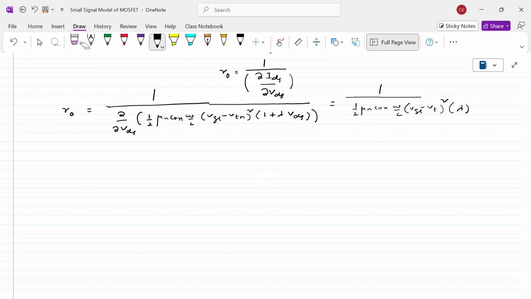The derivative of a constant is 0. The derivative of lambda times VDS is lambda. So this is simply 1 by lambda times ID, where ID is 1 by 2 mu n Cox W by L VGS minus VT squared.